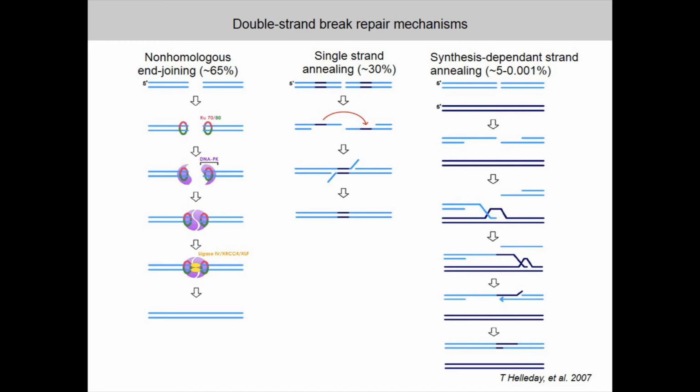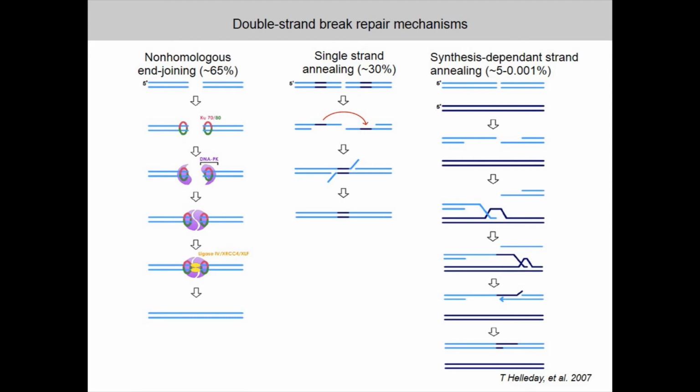If for whatever reason this break doesn't get immediately repaired, you also have this common pathway where you use microhomology between the two ends of the break site to bind to one another, and you get a deletion of that intermediate DNA.